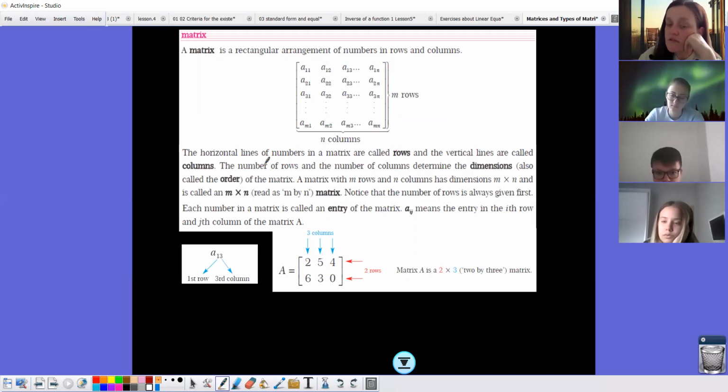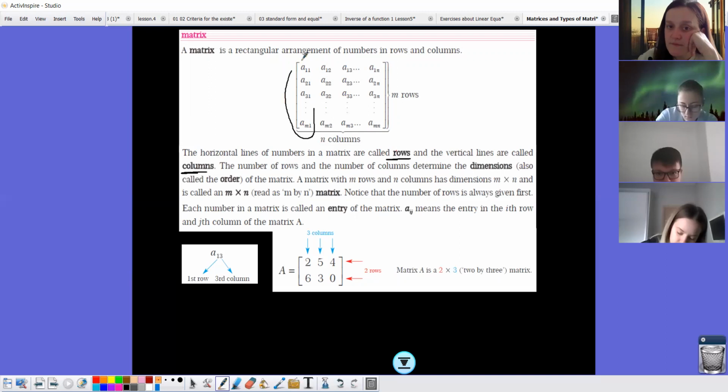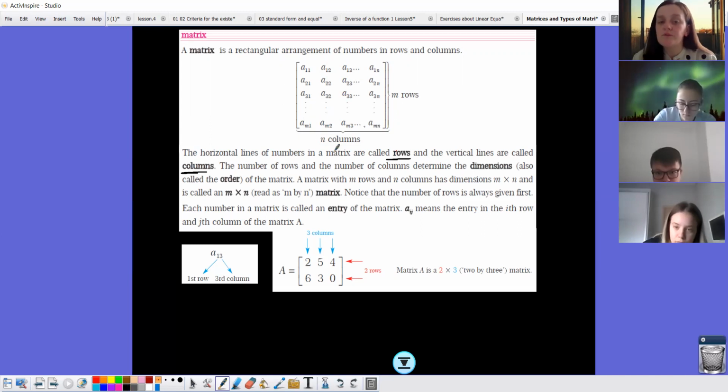The horizontal lines of numbers in a matrix are called rows, and the vertical lines are called the columns. These are the rows, like this. And these are the columns, like this. You know from the word meaning.